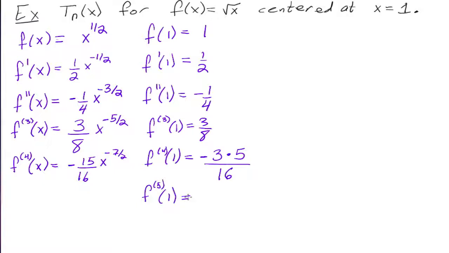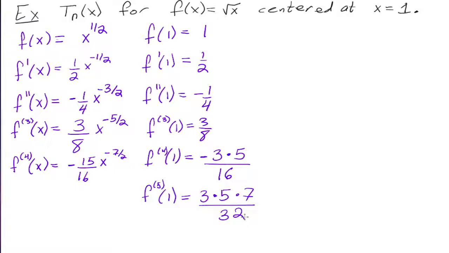Positive or negative? Positive 3 times 5, and then you're going to bring down the 7, right? And then what's going to happen to the bottom? Get multiplied by 2, so it's going to turn into 32, right?